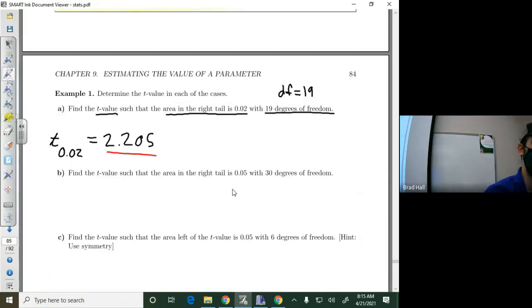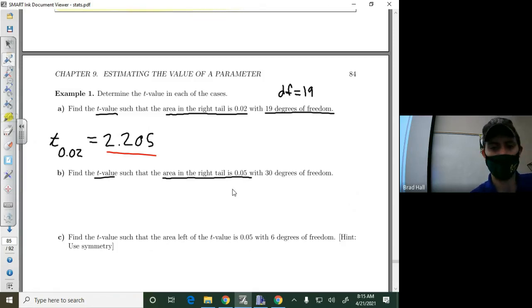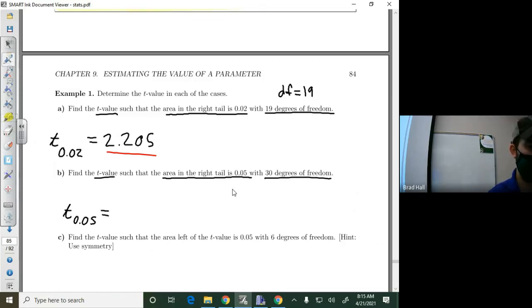Now the next problem, let's practice that again just in case. The t-value such that the area is 0.05 with 30 degrees of freedom. So our area is 0.05, degrees of freedom is 30.